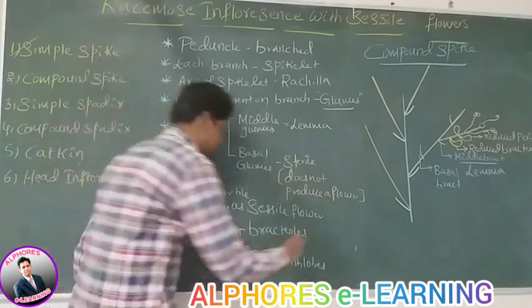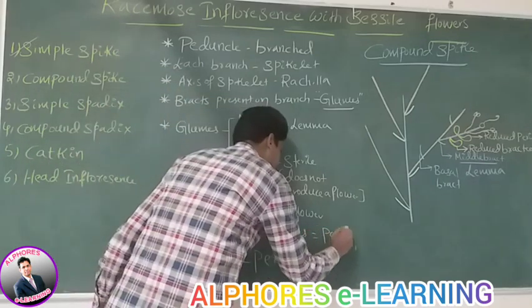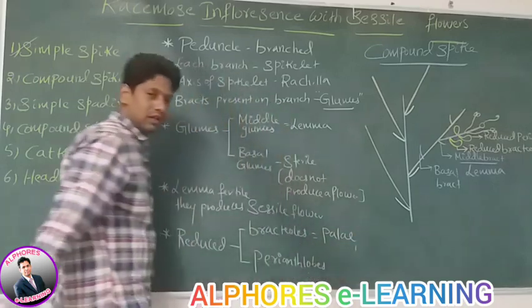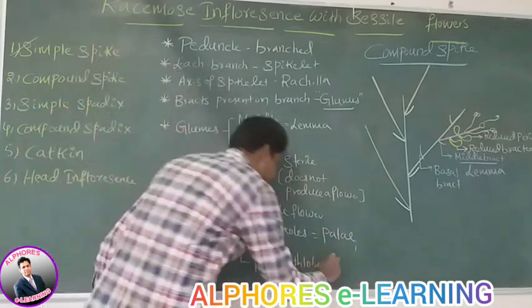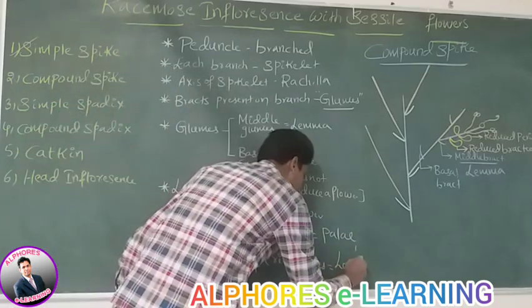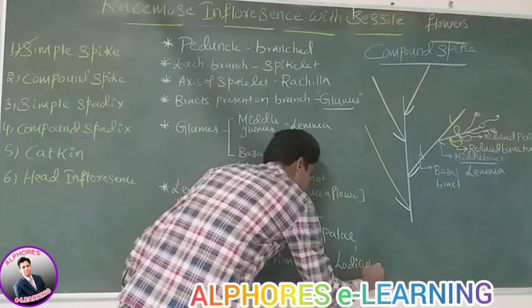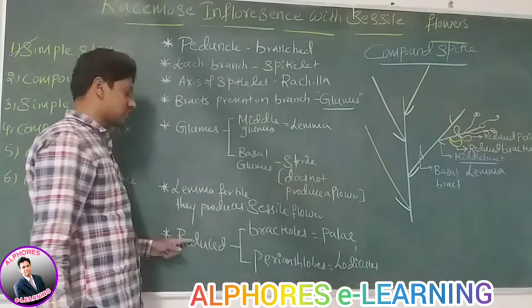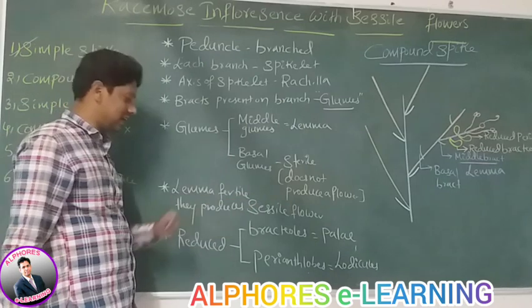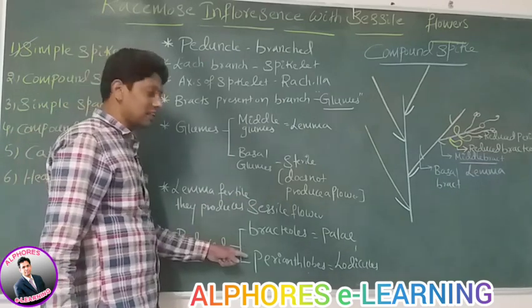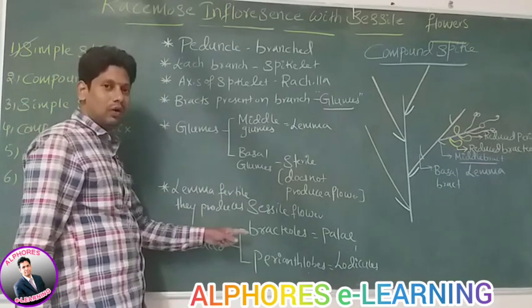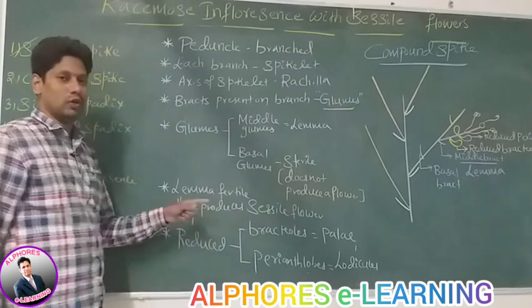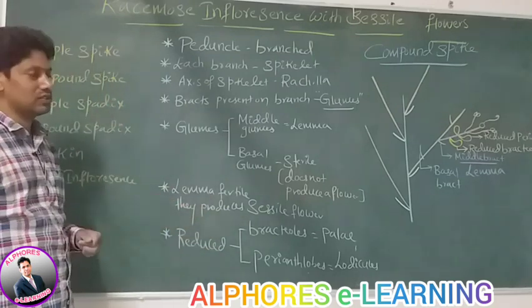Reduced bracteoles are called palea. Reduced perianth lobes are called lodicules. Reduced perianth lobes are called lodicules, right?